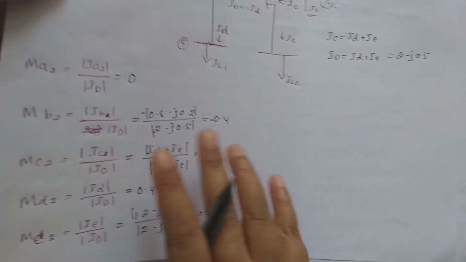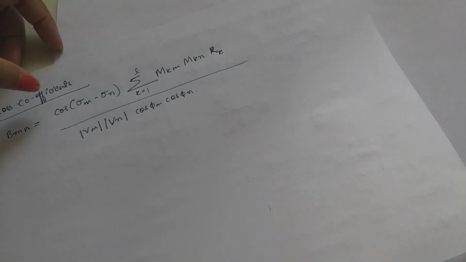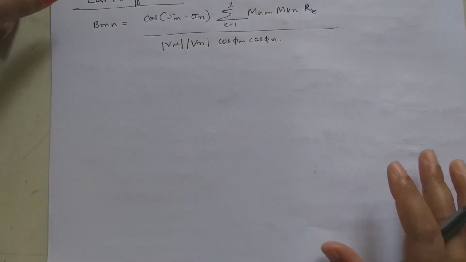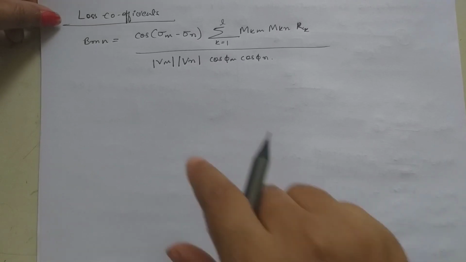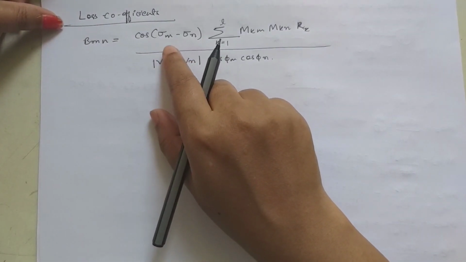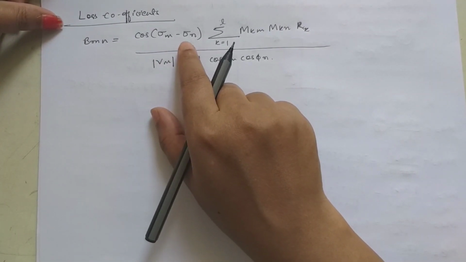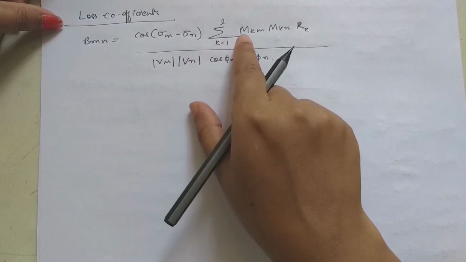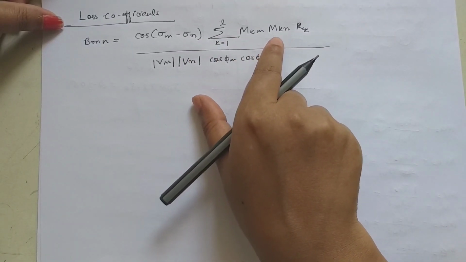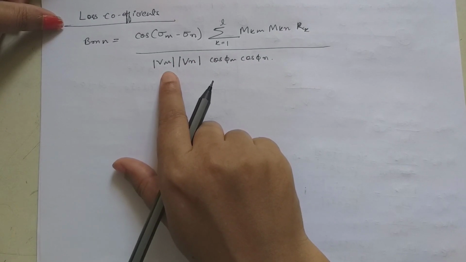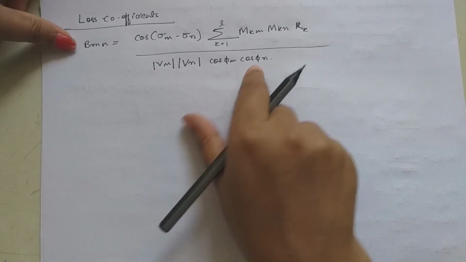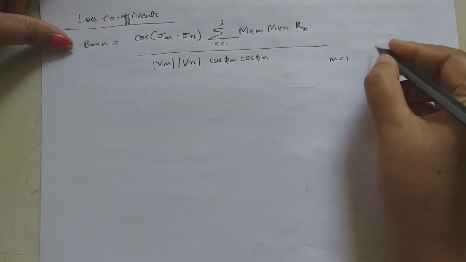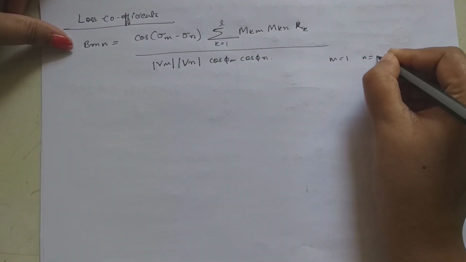Now we need to find out the value of beta Mn. The loss coefficient formula is beta Mn equals cos(sigma m minus sigma n) times summation of Mkm Mkn Rk, whole divided by Vm Vn cos phi m cos phi n. But we know that m is equal to 1 and n is equal to 2.